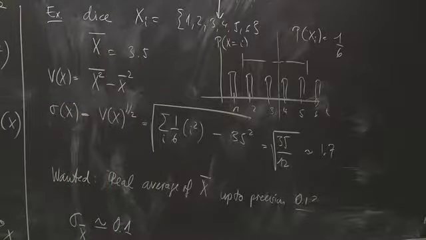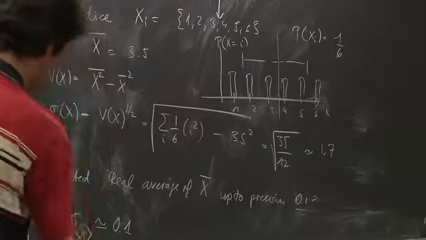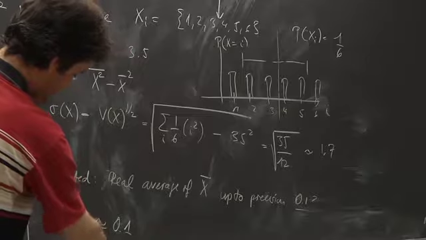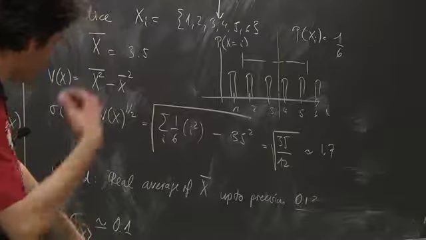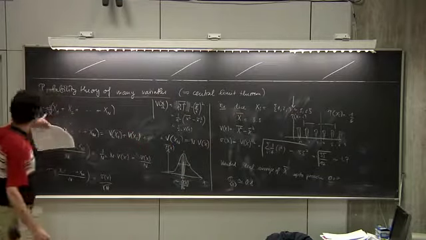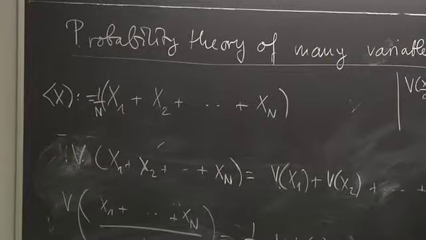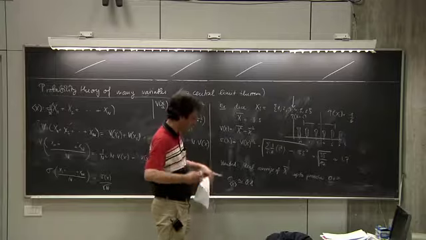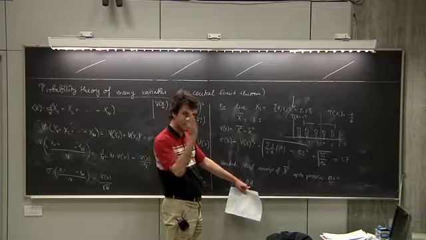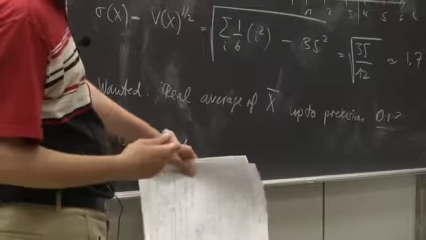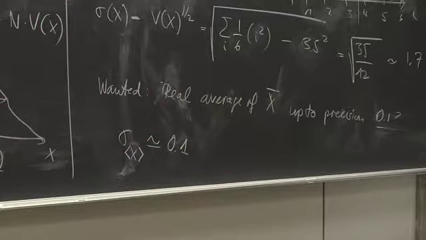Not of x bar, which is the true average, but I want the scatter of my possible measurement to be not bigger than 0.1. So I throw the dice n times, I take the average. I ask that the fluctuations of such an average, when I do this many times, are not bigger than that, so that I know that what I will get from this procedure is within 0.1 from the true average. Okay, so this is what I want.